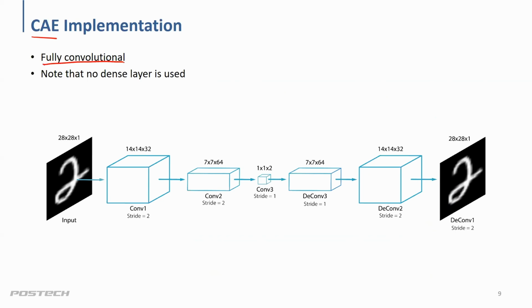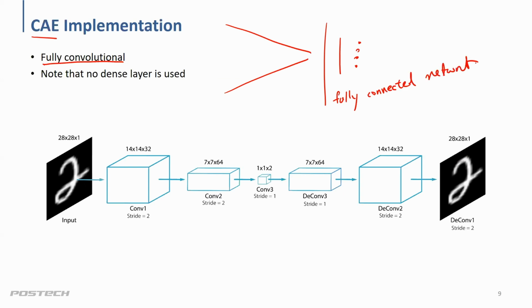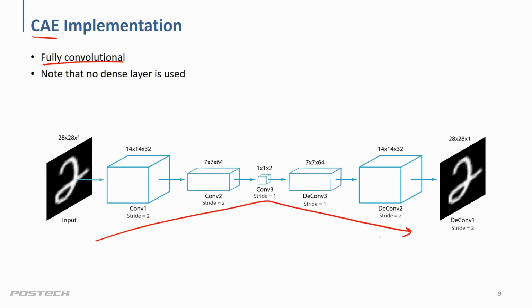There's no flattening part, because remember in CNN structures, at the end we have a fully connected network. Now we don't have this. All the process is convolutions, so we call it fully convolutional. There are no dense layers that I use.